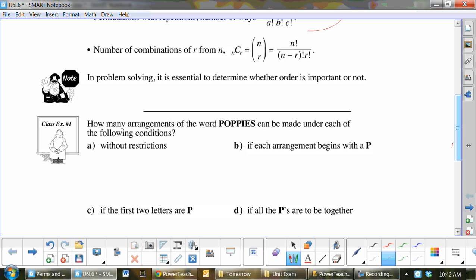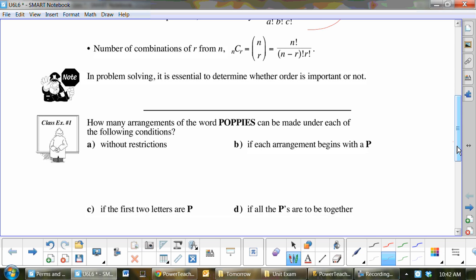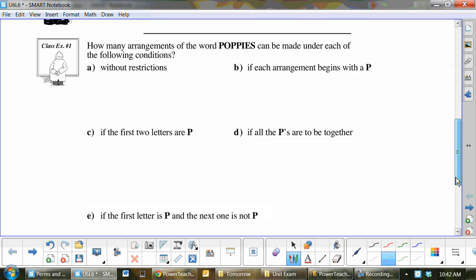So we have the word poppies. It can be made under each of the following conditions. Now, what if there were no restrictions? How many different ways could I arrange them to make, not really words all the time, but arrangements? The first thing you want to do is establish how many letters you have.